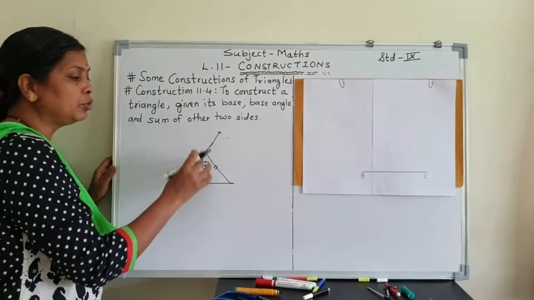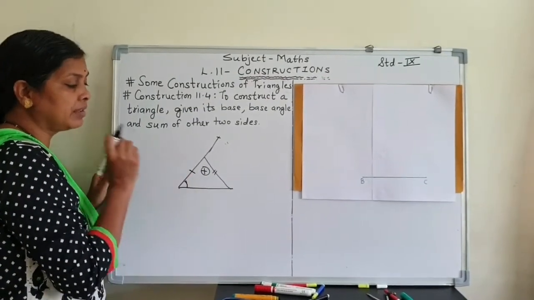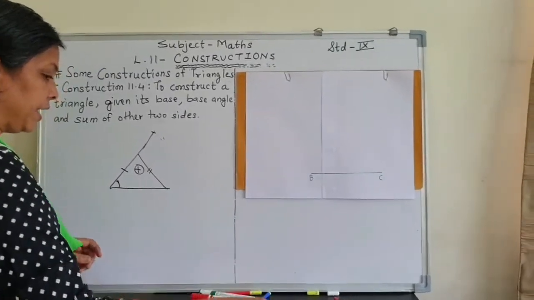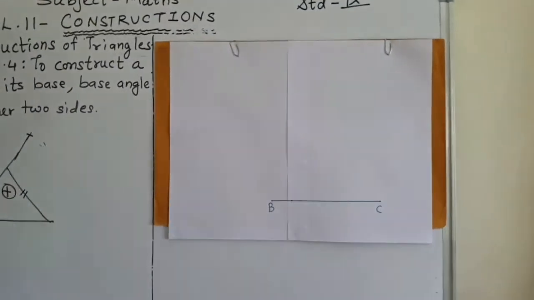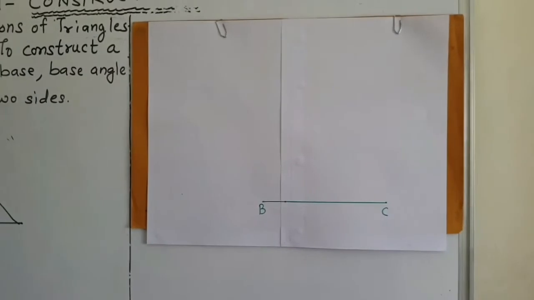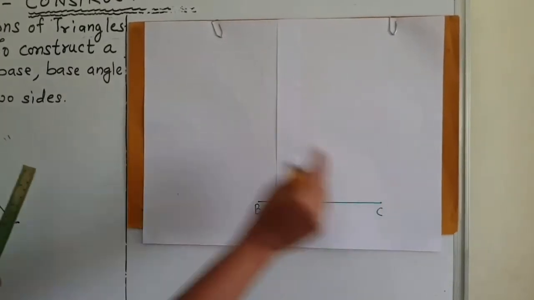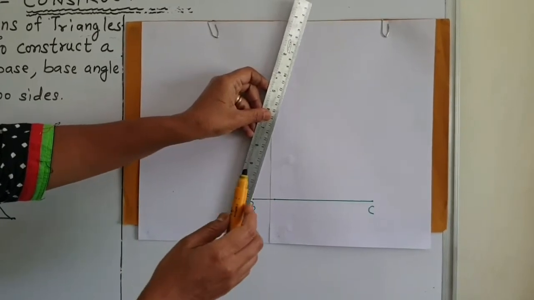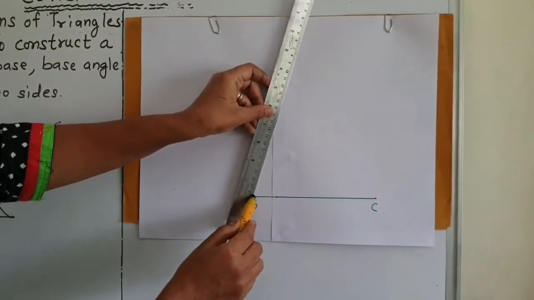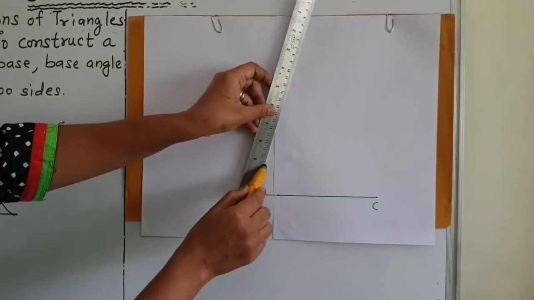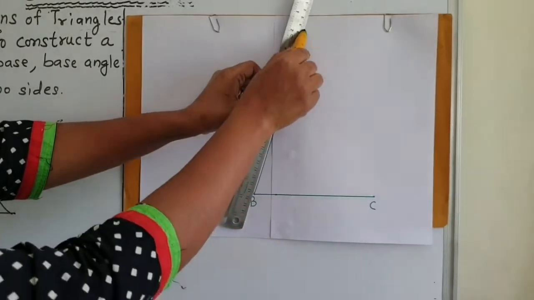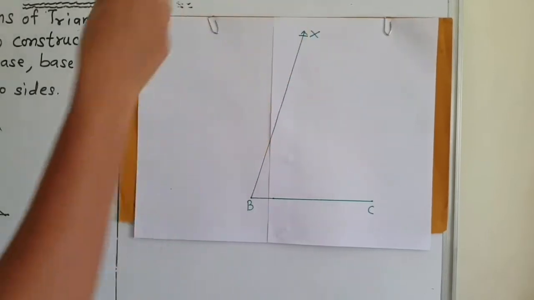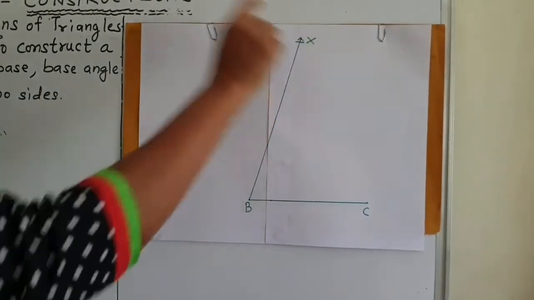So now how to construct a triangle with this, we will see. Pay attention here, then I will write the steps later on. They have given us BC as base. Now we will construct a triangle from base B, so let it be a ray BX.